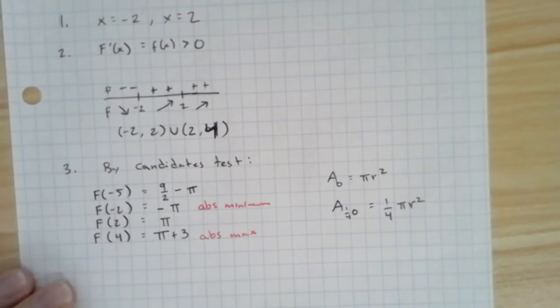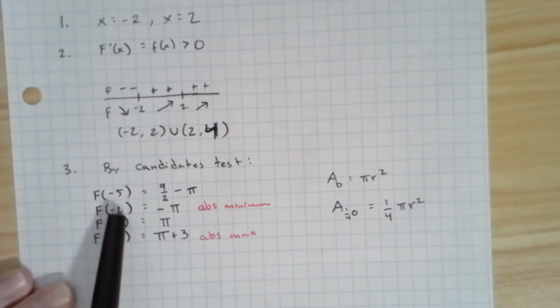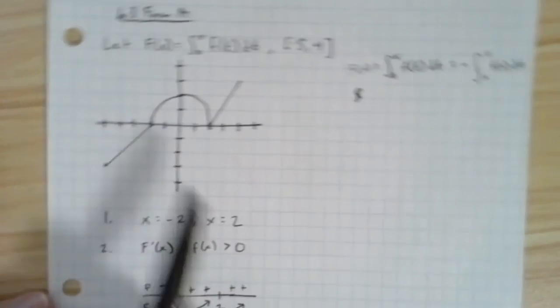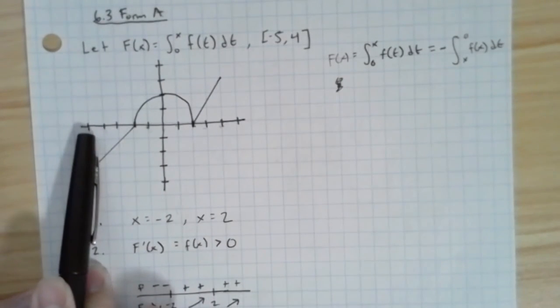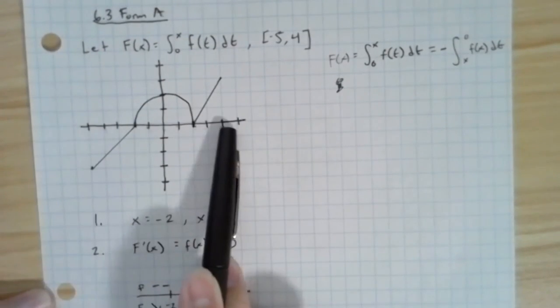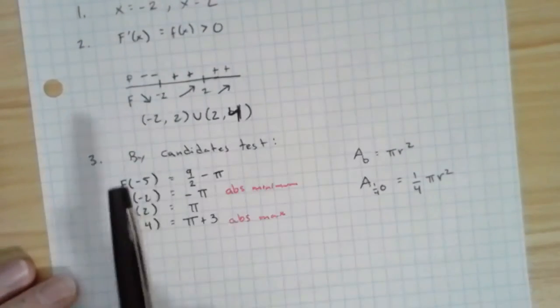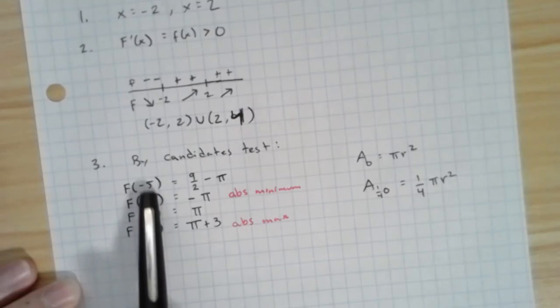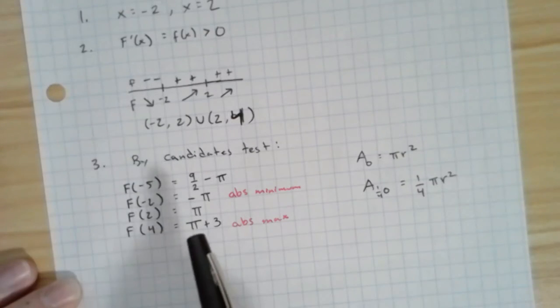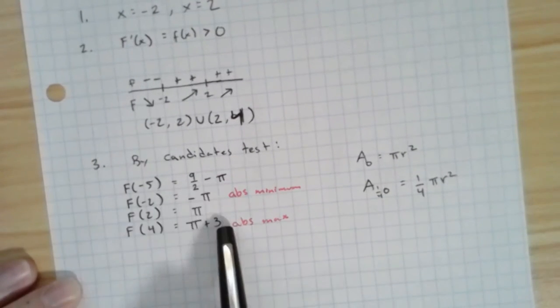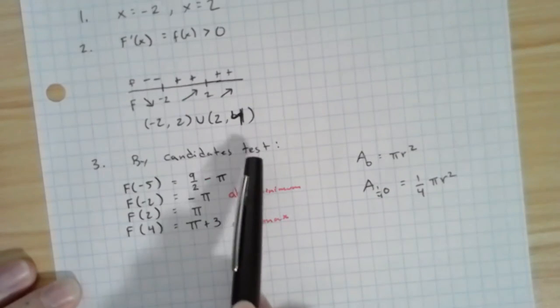So that's how you do the candidates test. Negative 5, negative 2, 2, and 4. That's the left endpoint, the right endpoint, and the 2 critical values. I think I missed that when I started this problem. But these values here, the left endpoint, right endpoint, and any critical values, that's what the candidates test tells you.